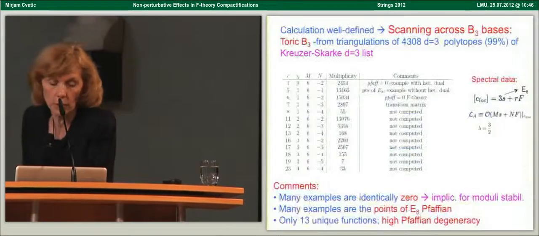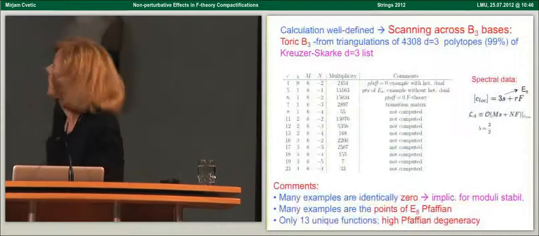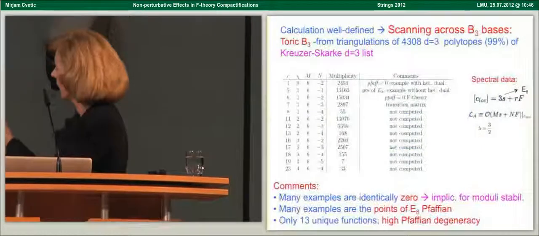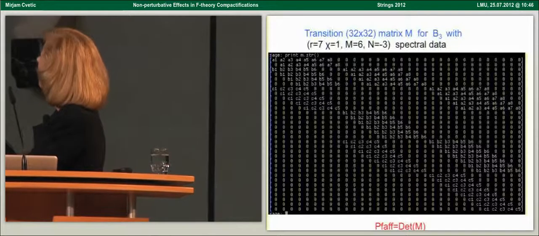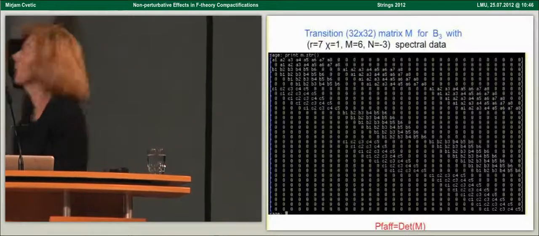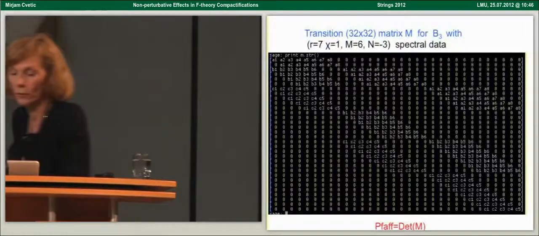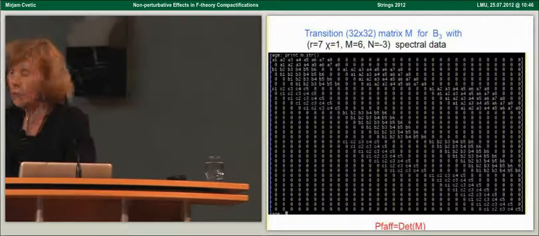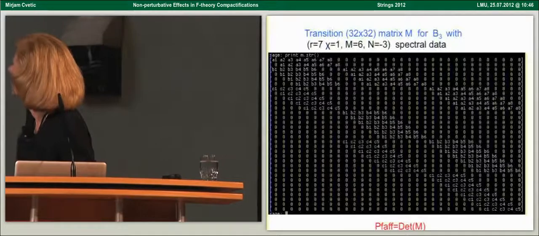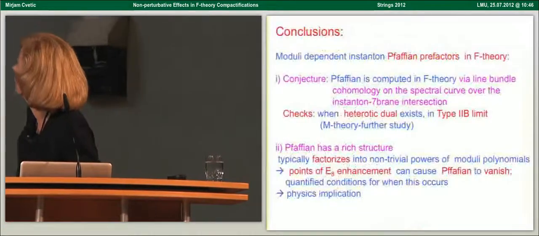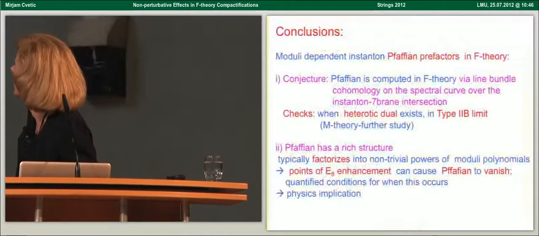Many compactifications can give us the same effects. This is a technical example where we don't have the Pfaffian yet, but the transition matrix whose determinant is the Pfaffian is such a big matrix that we expect this to increase, and analytic computation by computer programs may not be feasible unless we figure out a better way of doing that.